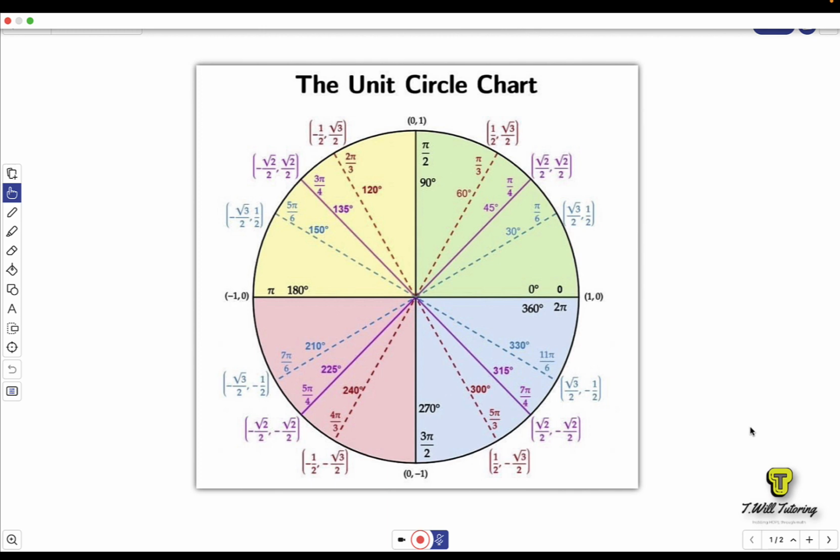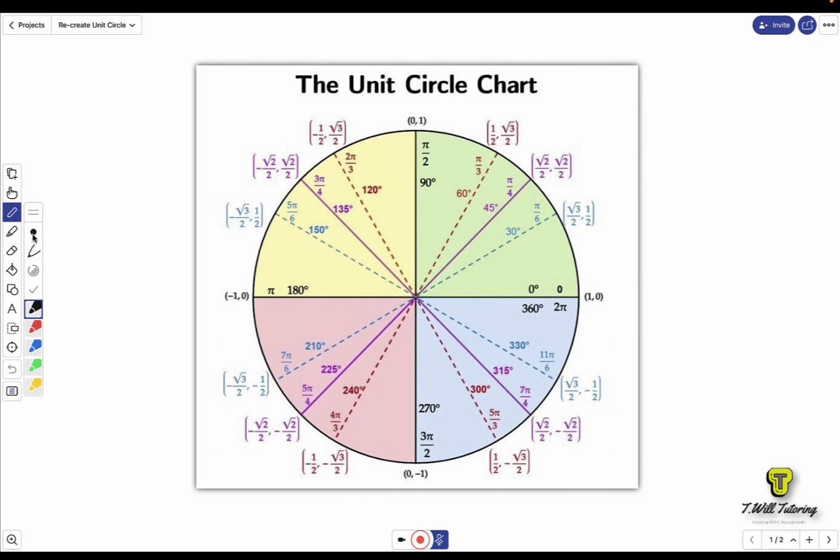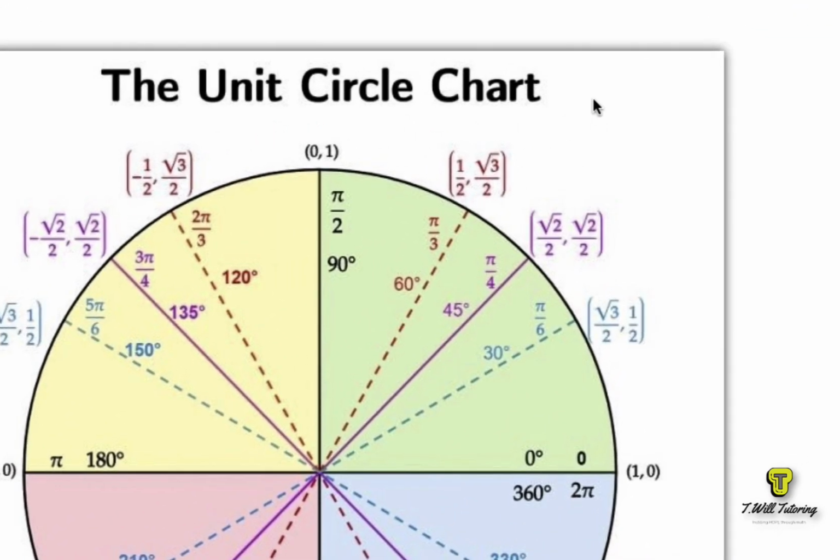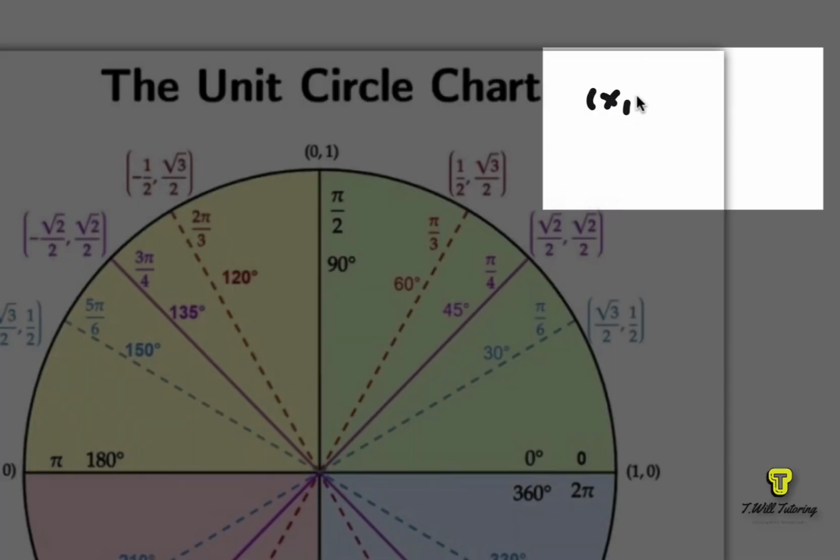The second thing I want to consider is the coordinates. Our x and y coordinates are going to relate to cosine and sine. So for x and y, it actually relates to cosine of theta, so whatever degree measurement you're looking at, and then sine of theta.